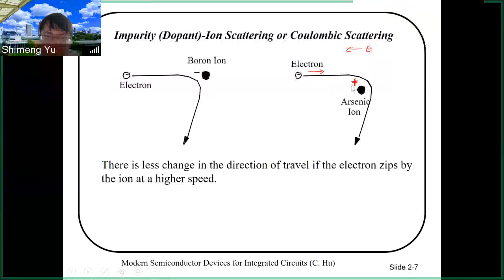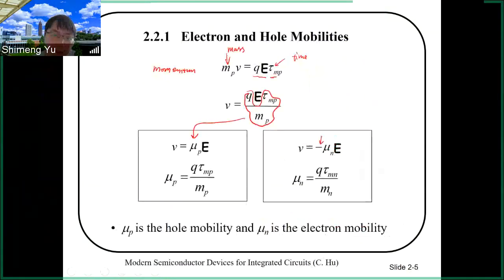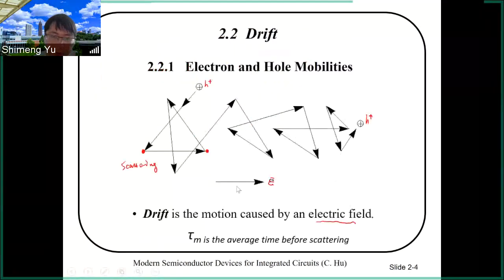And if you go back to the mobility equation, what will change is the scattering time, this tau. If you recall, we define this as the average time before scattering. So if you have higher doping, then those scatterings will have less average time in between.